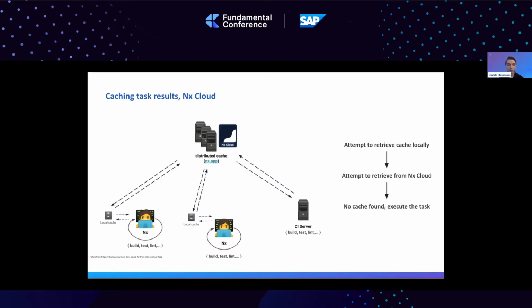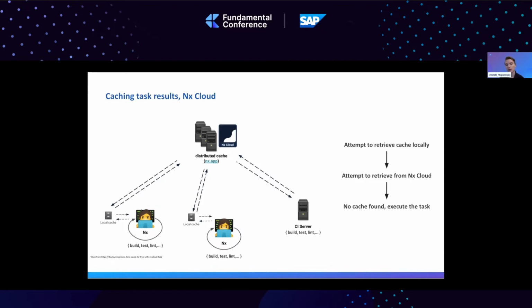And this allows CI agents, your team members, maybe some other tools to use this cache and not run the same tasks again and again. The way it works is basically instead of looking only for a local cache, it will firstly try to retrieve it locally, and if not found, will check for existence of this cache in the NX Cloud.